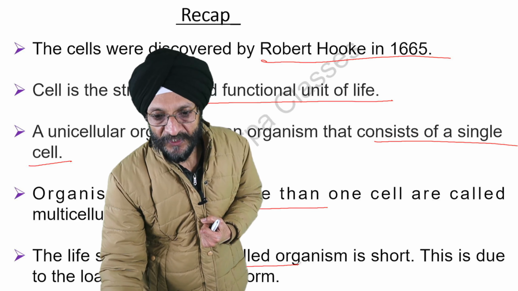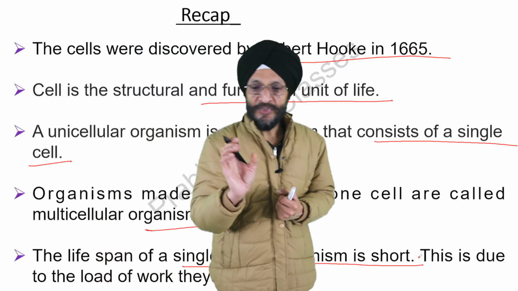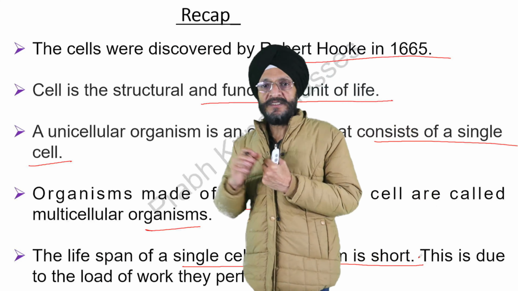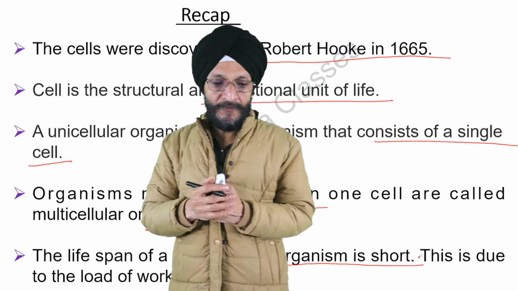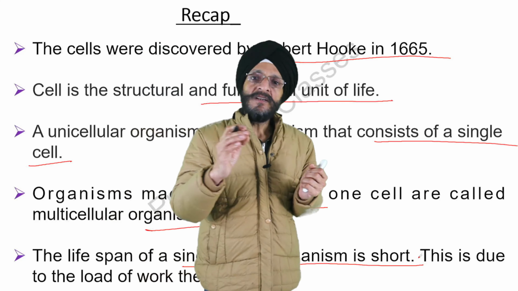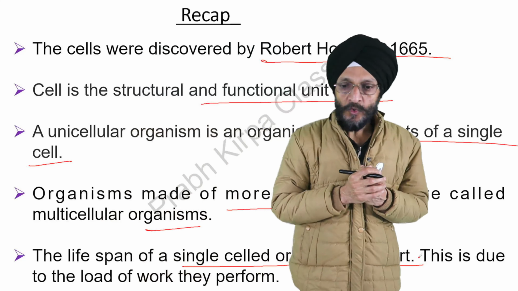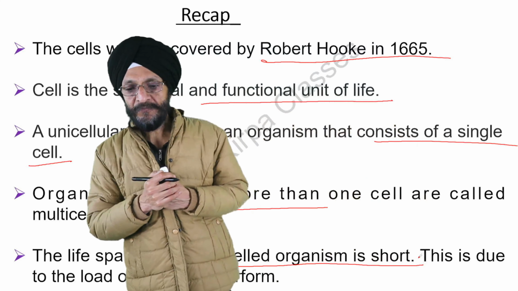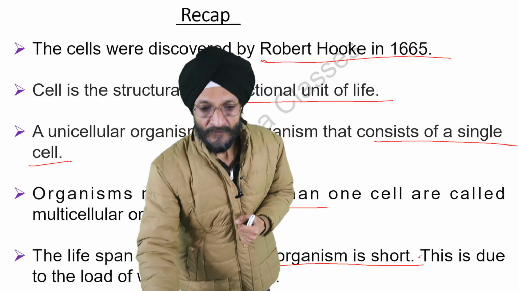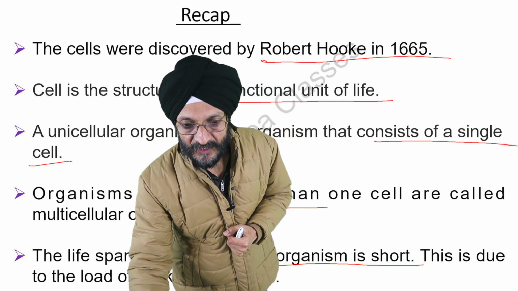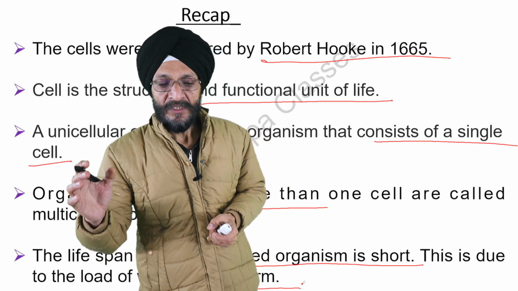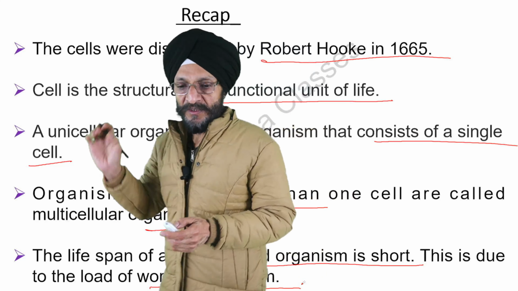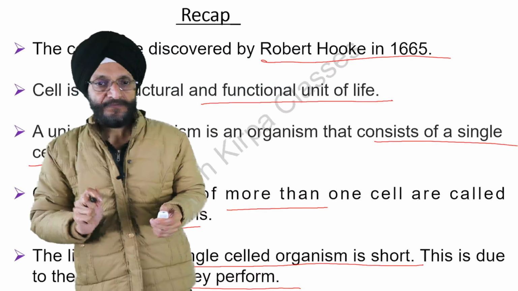The lifespan of a single-celled organism is short because the various life processes such as excretion, digestion are done by a single cell. So the lifespan of a single-celled organism is short because of the load of work they have to perform, because the load of work on the single cell in case of a unicellular organism is very high.